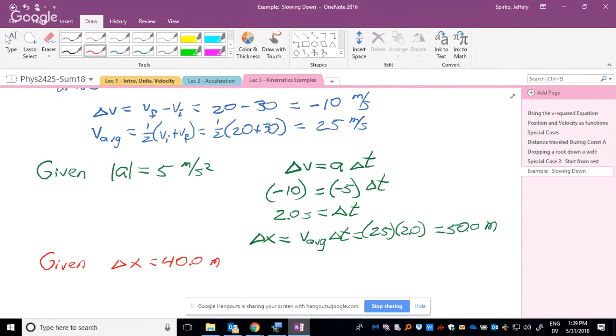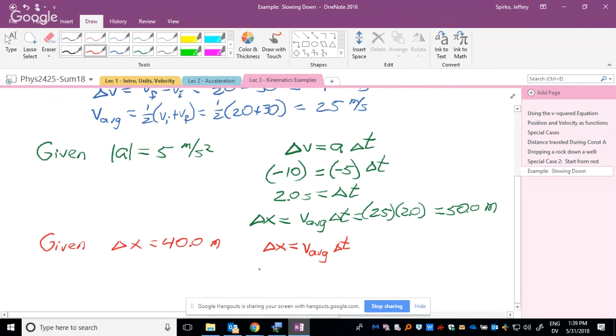Well, since we know everything about velocity, we can use delta X is equal to V average delta T. So this is 40 is equal to 25 delta T. So delta T is equal to, I can't divide in my head, 1.6 seconds.